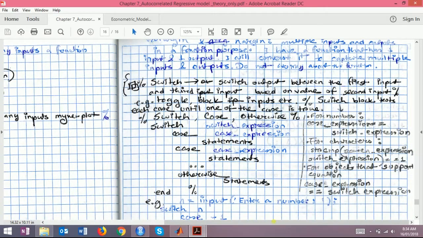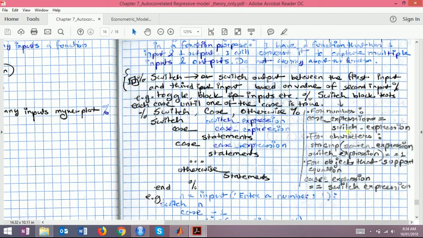A very good example is with switch. Before that, what is switch? Switch gives you different outputs based on the input. It's kind of like a for loop command, but with a very specific logic expression, like switch expression, case expression statement, case expression statement.